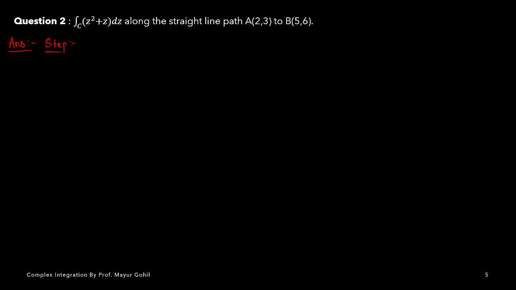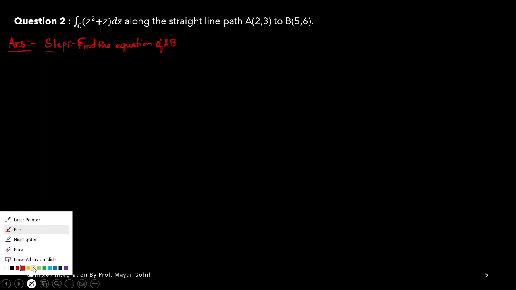So over here the points have been given, so we will now find the equation of the path. So step number one will be finding the equation of AB. Let us see how to do it.